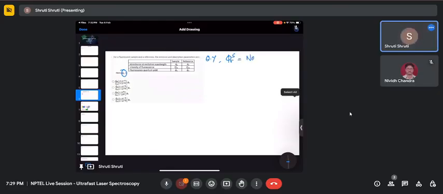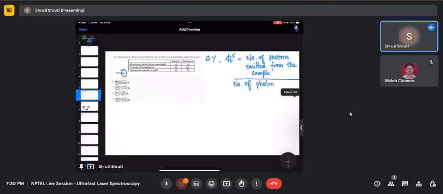Okay, now this initial excitation intensity is cancelled, and we can get the intensity of emission of the sample divided by the intensity of emission of the reference, into 1 minus 10 to the power minus AR divided by 1 minus 10 to the power minus AS.